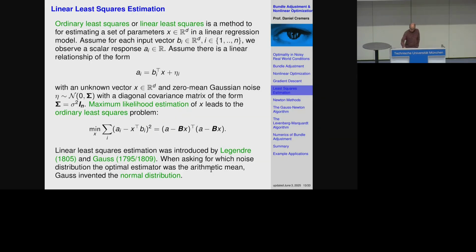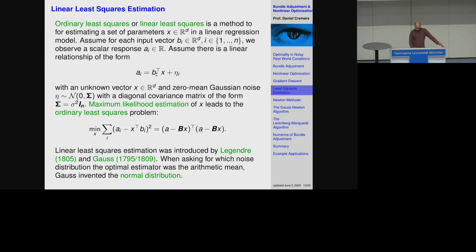The idea, you all know this, is that you have a set of points and you try to fit a line through it. For example, you can have a linear dependency between an input vector bi and an output vector ai, and the linear dependency is captured by ai being bi transpose x with some vector x.